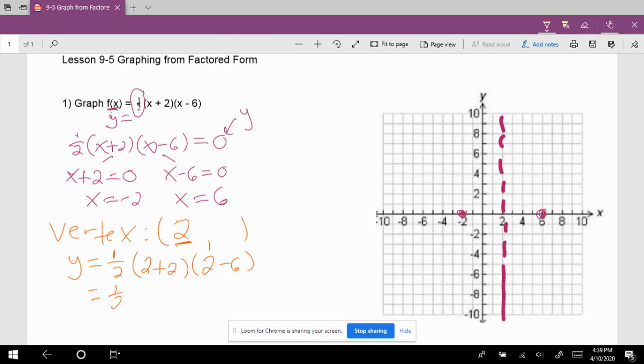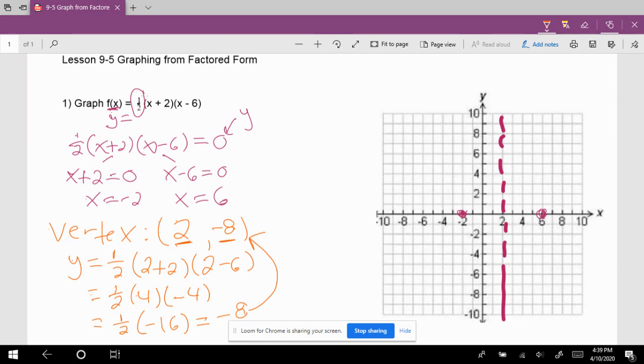So we have 1/2 times 4 times -4, which is 1/2 times -16, which is -8. So my vertex is (2, -8). Again, the -8 came from plugging in the x value of 2.